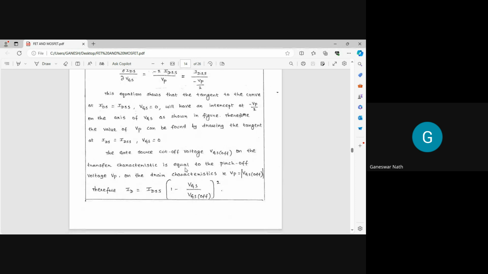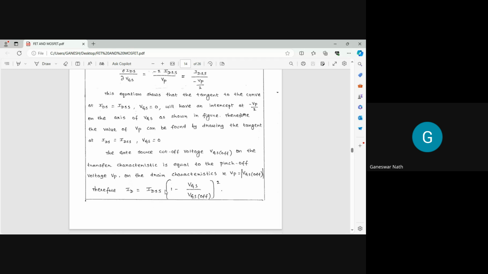VP by 2. So the gate source cutoff voltage VGS off on the transfer characteristic is equal to the pinch off voltage VP on the drain characteristic, that is VP is equal to VGS off.